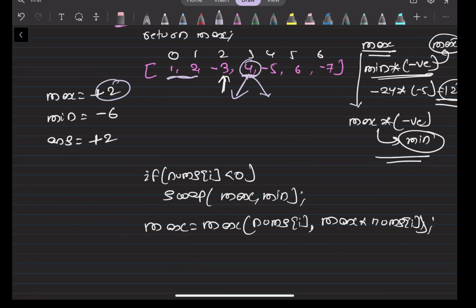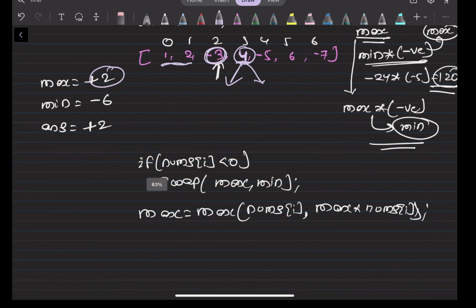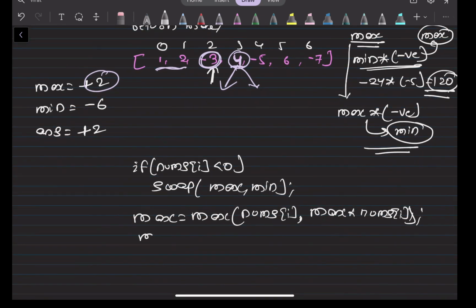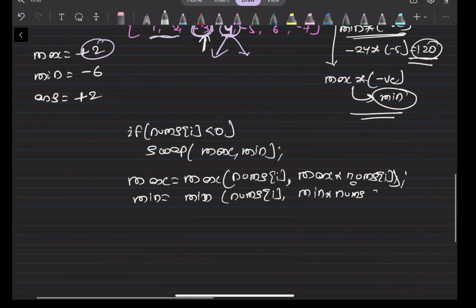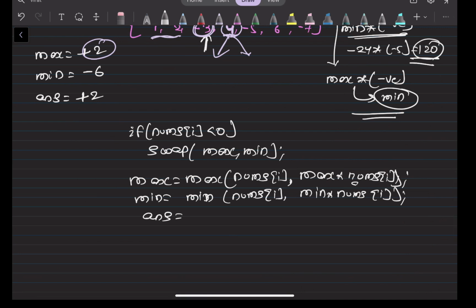So we will start considering this positive number, because we know we cannot skip anything in between. Now how will we consider the minimum number? Simple, we will take the minimum of nums of i and min into nums of i, and my answer will always be the maximum between answer and maximum.